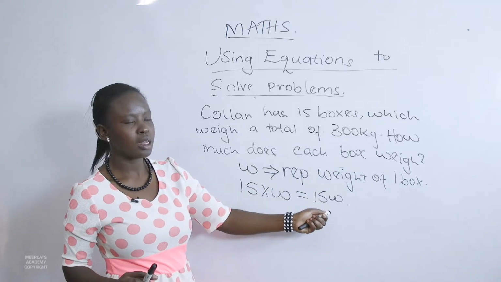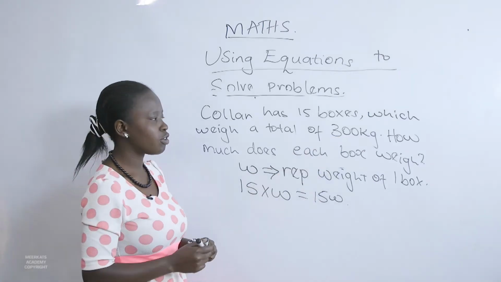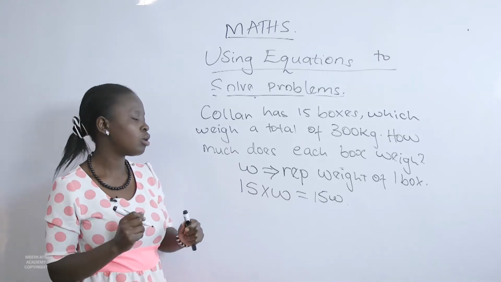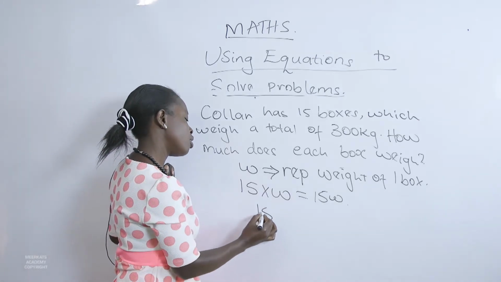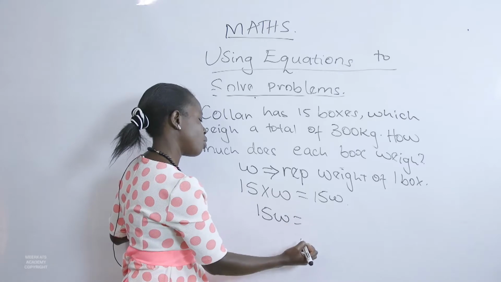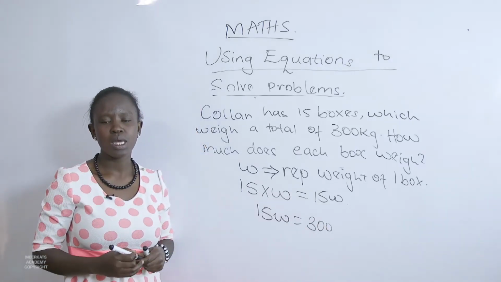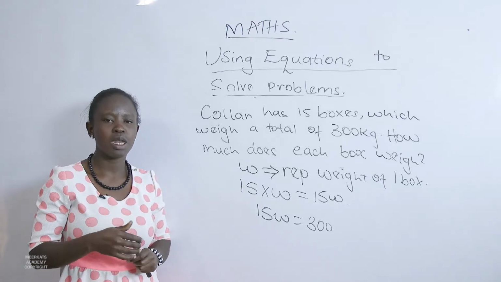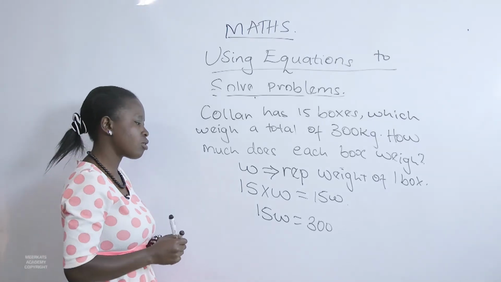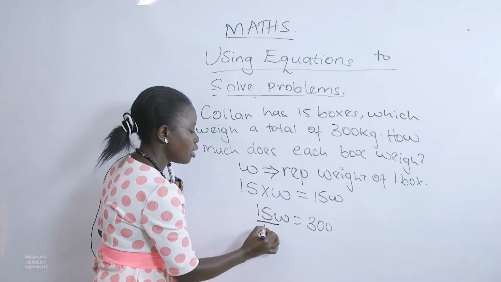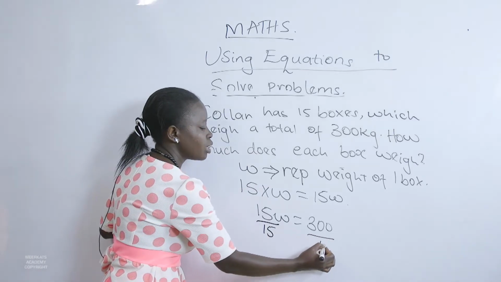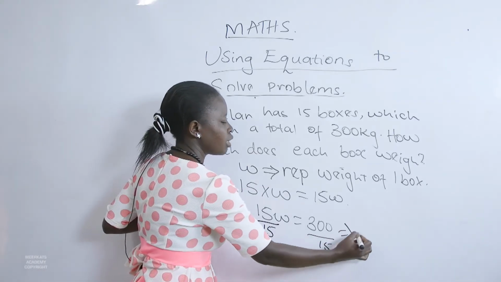So this means that 15W is equivalent to 300 kilograms. We need to get the value of W in our equation. So that means divide by 15 on both sides.